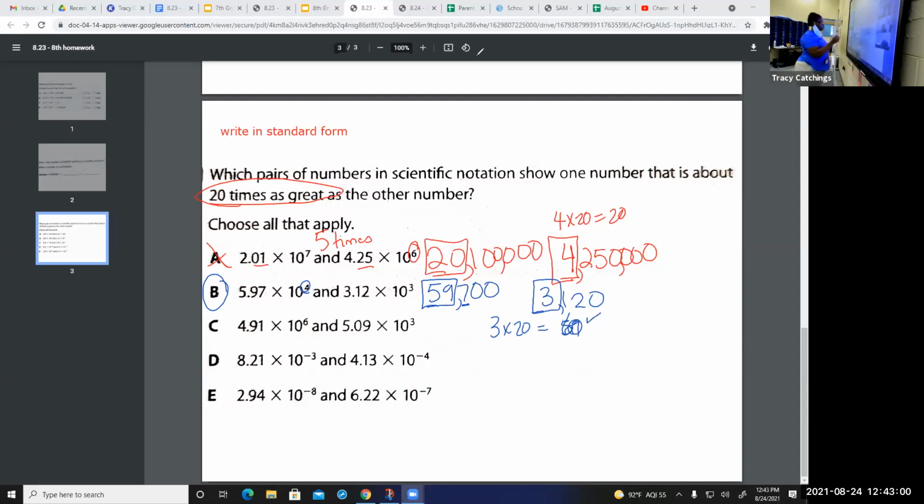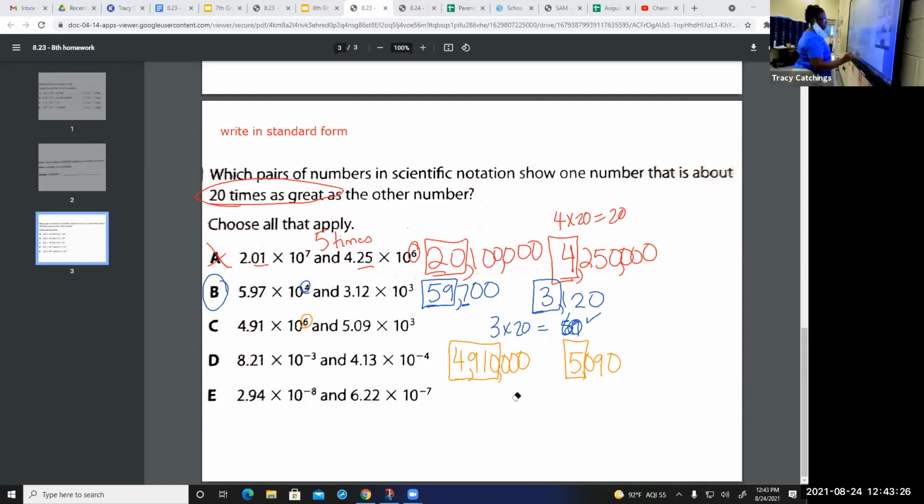All right, we then could have tried C, the same approach. Write that number out. So the first one was 4,910,000. And the second one was 5,000. So then once again, these are in the thousands. I like to break it apart.